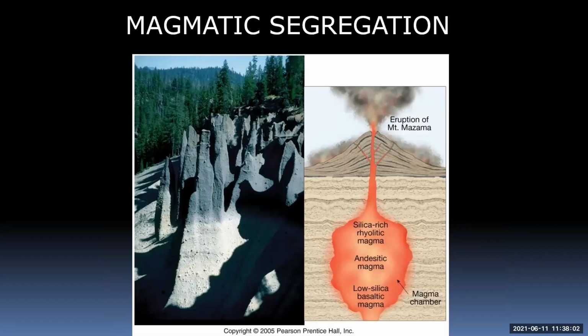Another way is analogous to what you see happen with oil and water. Oil and water have different densities. Oil is a lower density material than our water. That's why when you take some vegetable oil and put it inside of a glass of water, you're going to see that vegetable oil sit right on top of that glass of water. It has a much lower density.